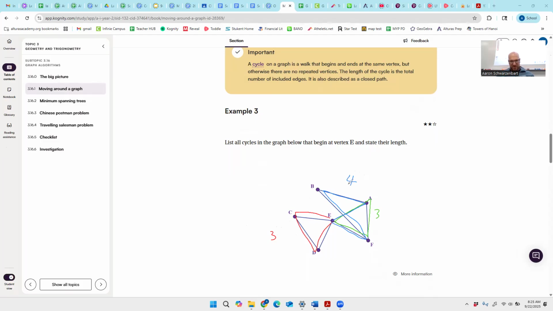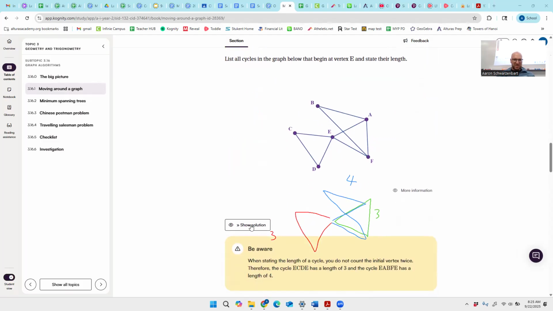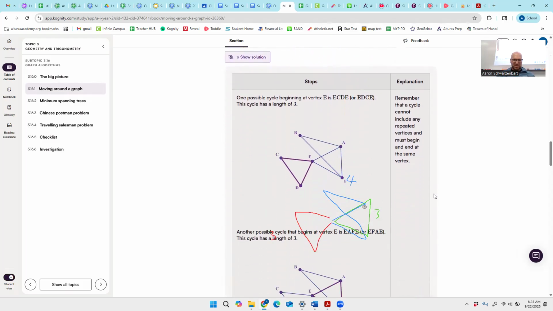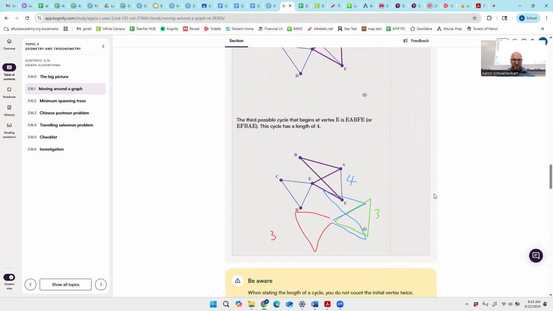I don't think there's another cycle. It has to begin and end at E. Yes, there are other cycles that start and begin in other places, but let me double check what the answer says. That one's 3, that one's 3.